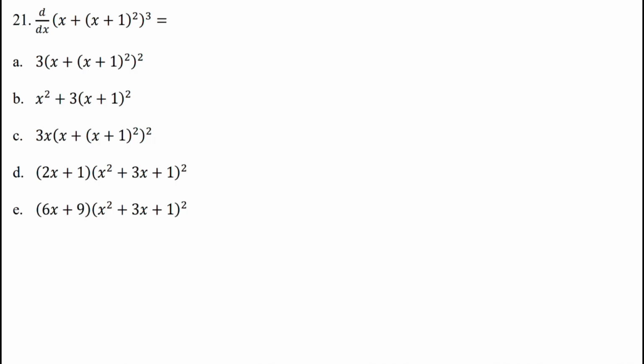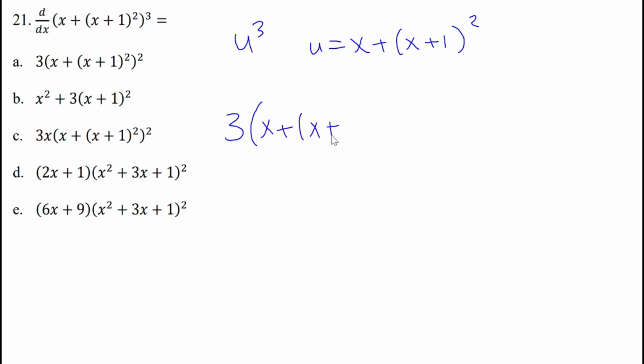So for number 21, we're looking at just the derivative of this function, x plus 1 squared all being cubed. So what this is is u cubed, where u is equal to x plus 1 squared. So to take the derivative, we need to do 3u squared, or 3 times x plus 1 squared.